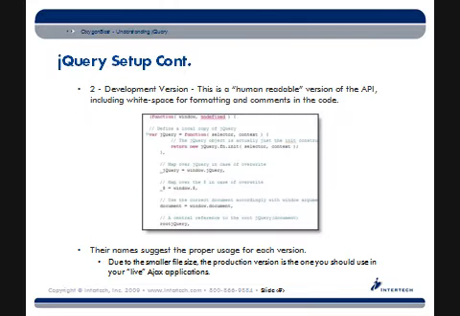Whereas the development version is a little bit more human readable. I've got a screenshot right here where you can see a small example of what that might look like. You'll notice it's formatted a little easier to read. There are comments, and the identifiers are human readable. It's really for if you want to know what's going on underneath the covers. Now, of course, as a general best practice when you're using someone else's library, you may not want to rely on what's going on under the covers.